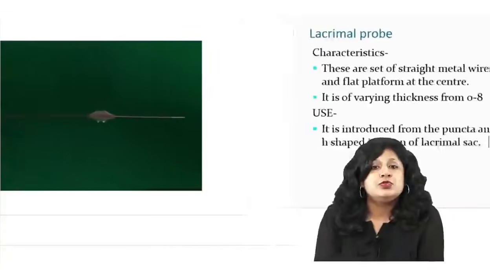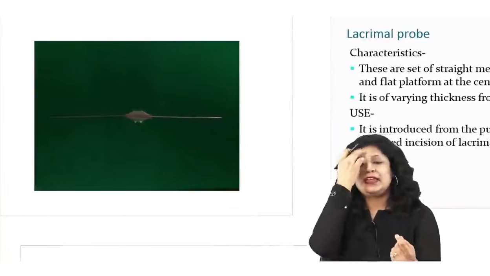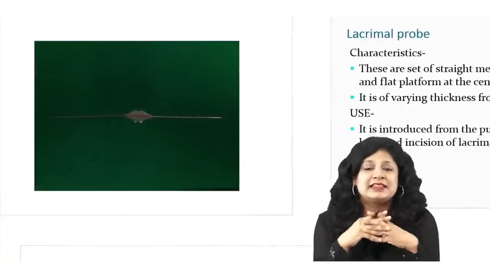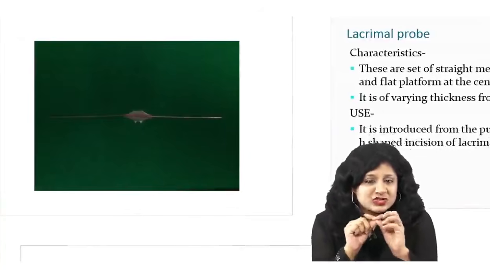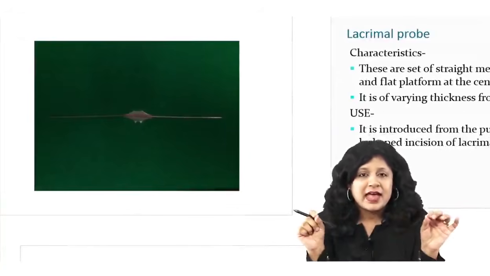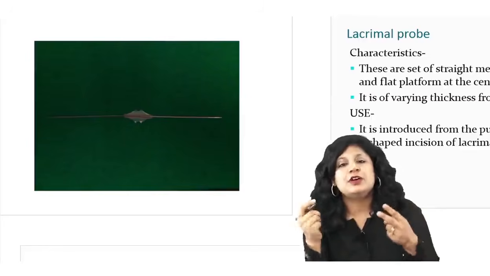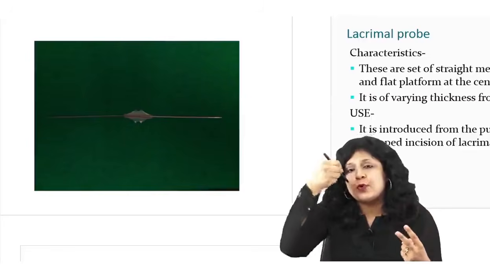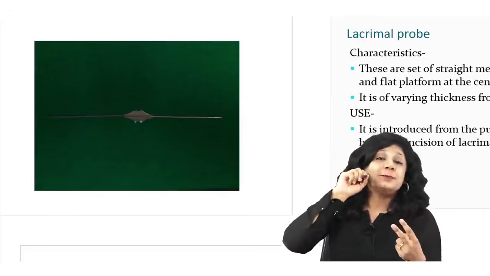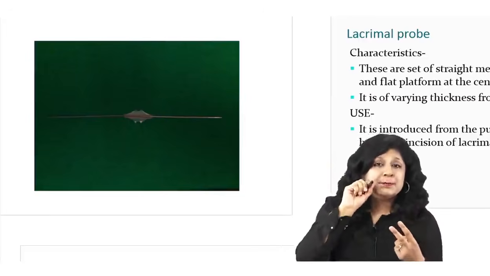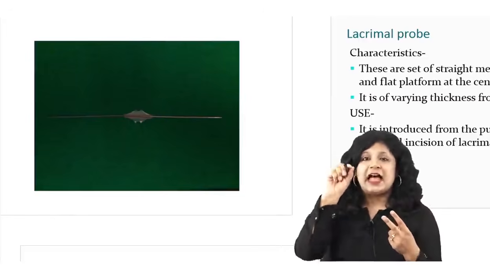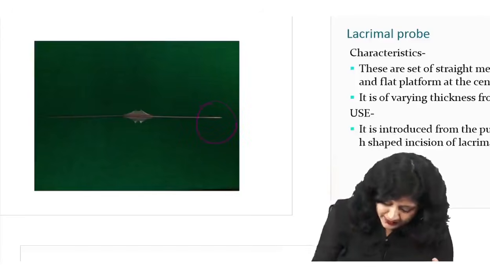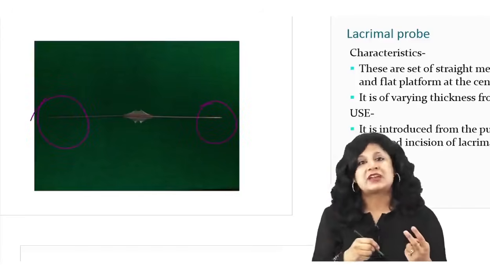Now how do you do the probing? Can you see, this is called the Bowman's lacrimal probe. It is just a wire kind of a thing, and it's a probe because when you are taking this probe inside, you have to see up to what level you are able to go inside. It has got two ends, and both the ends can be used as a probe.